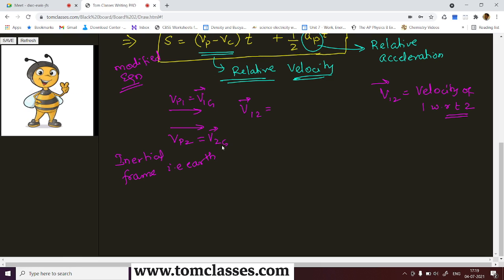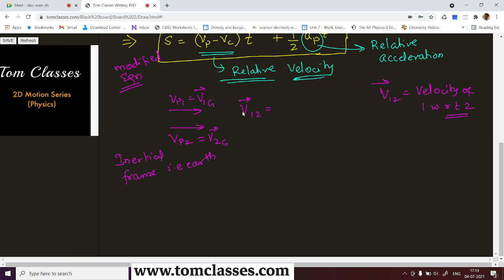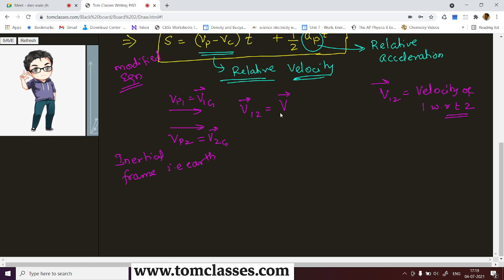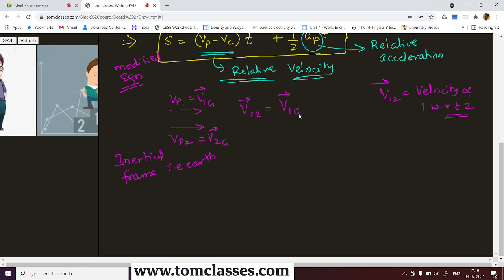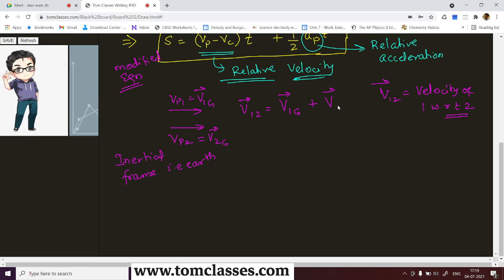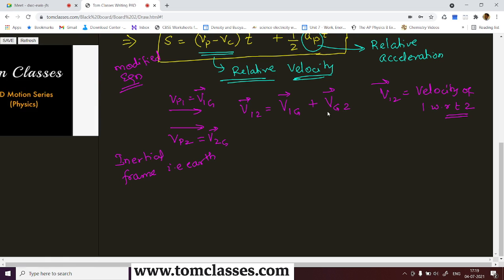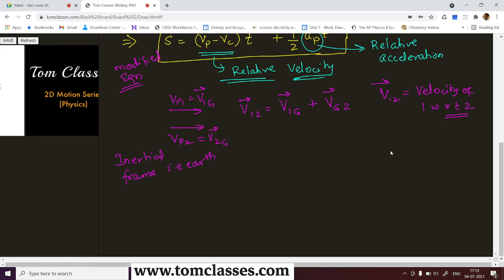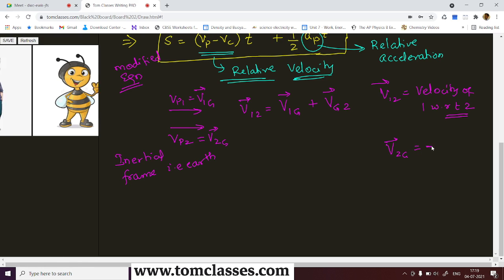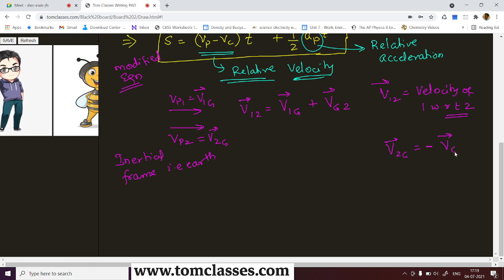The relative velocity between the two parties, v12, is the velocity of party 1 with respect to ground plus the velocity of ground with respect to party 2. Now v2g is, in terms of vector, the opposite, minus of vg2.